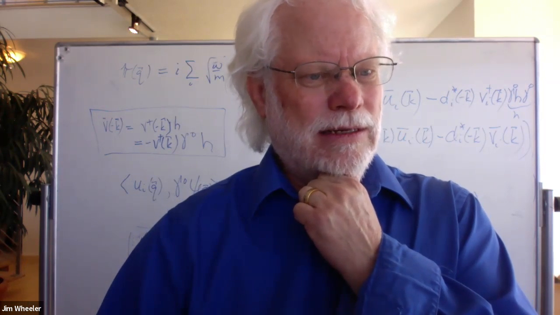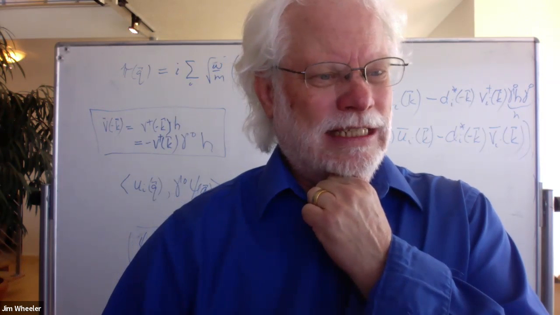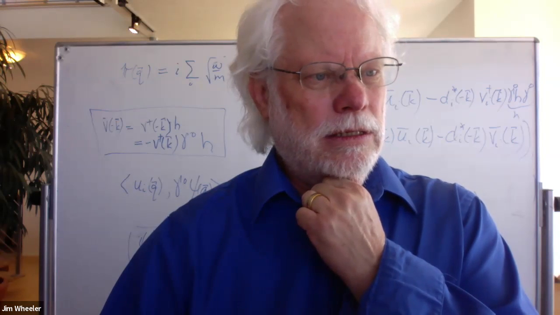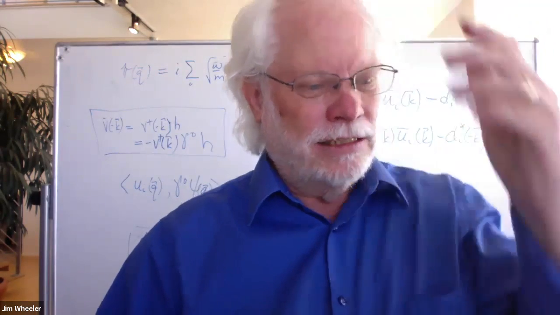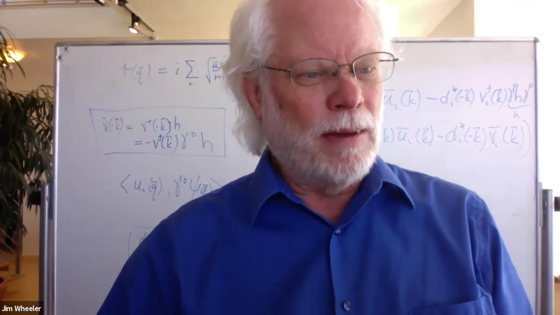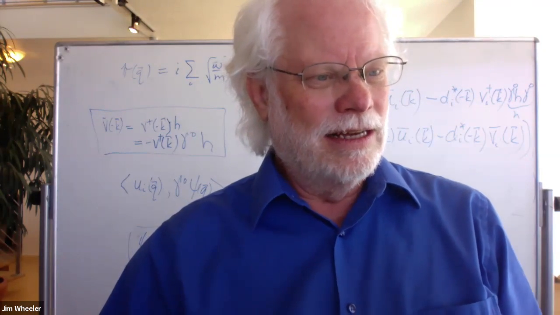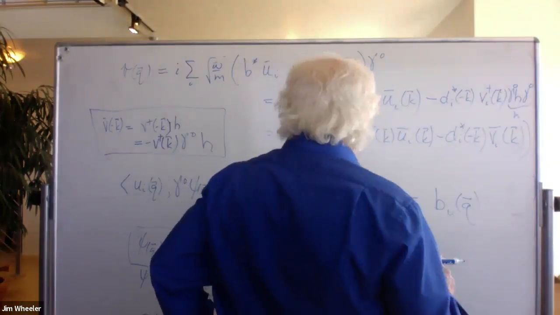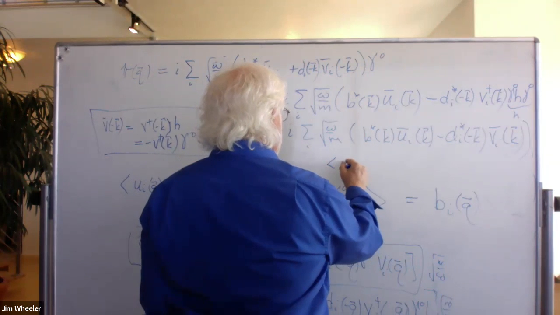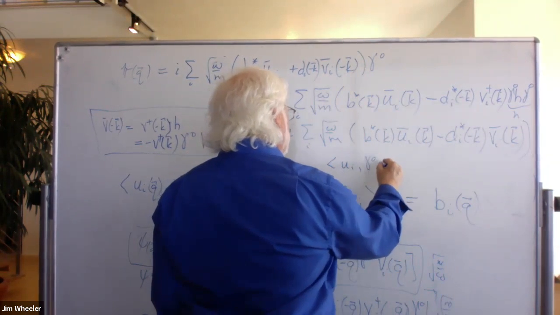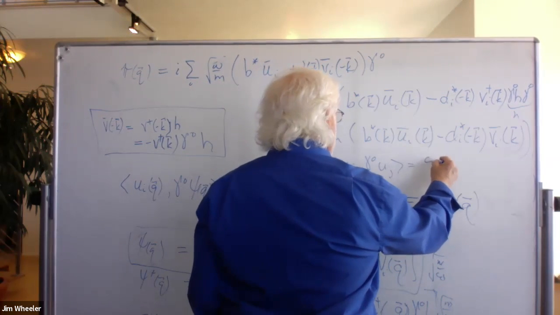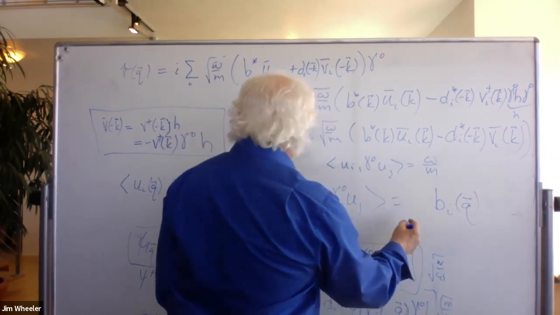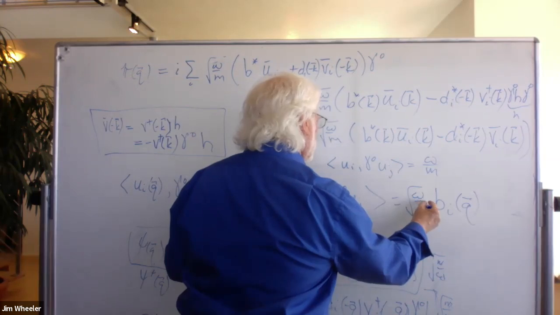Wait, why is there an omega? Why doesn't that cancel? Oh, rats. Okay, it either cancels or it doesn't. There may still be a factor of m over omega here. Oh, there's the problem. Okay, I see it. I wrote these. u i with gamma 0 u j is omega over m, not the square root. That's the problem. So we end up with the square root of omega over m here.